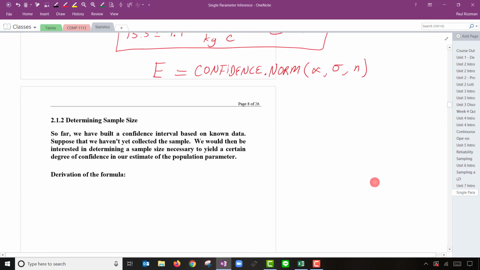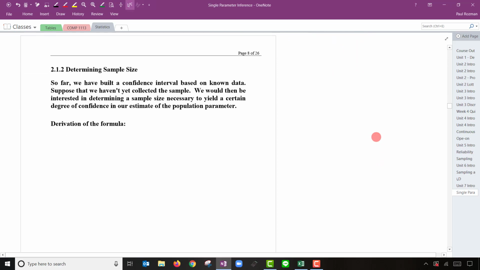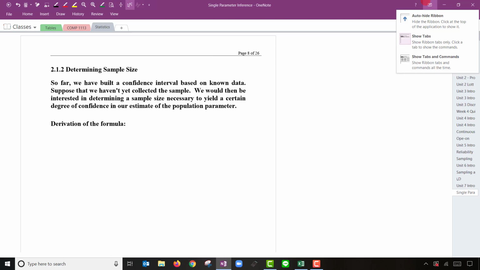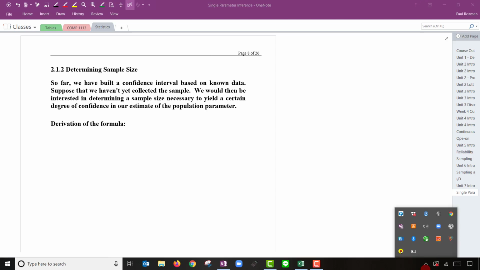Heading back over to our notes. In every question we've done since the beginning of the course, I always told you what the sample size was. But what if you haven't collected any data yet? What sample size should you collect in order to achieve some level of error?